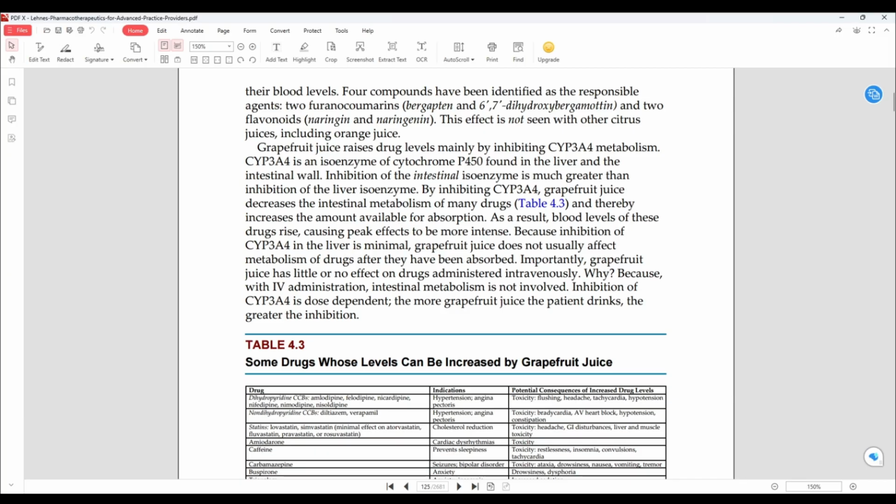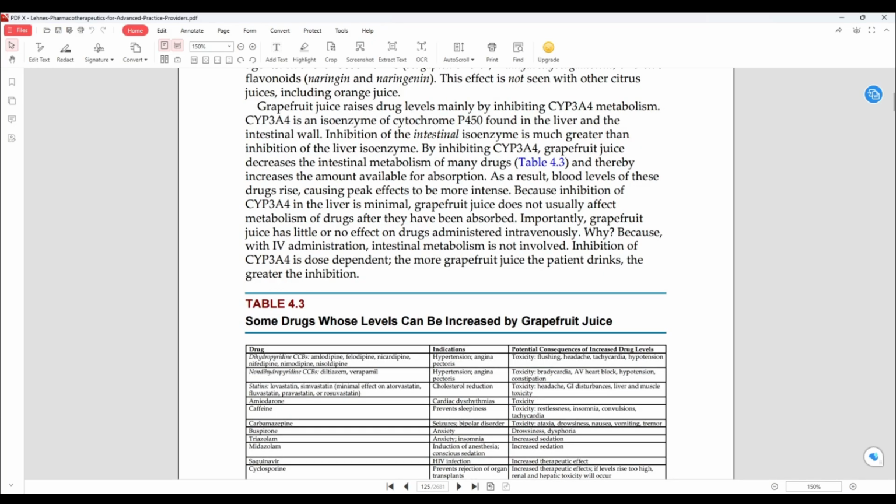Because the inhibition of CYP3A4 in the liver is minimal, grapefruit juice does not usually affect metabolism of drugs after they have been absorbed. Importantly, grapefruit juice has little or no effect on drugs administered intravenously. Why? Because with IV administration, intestinal metabolism isn't involved. Inhibition of CYP3A4 is dose dependent.